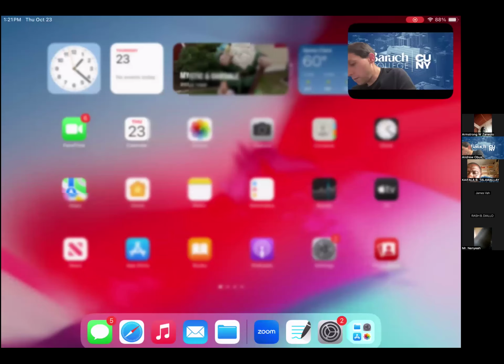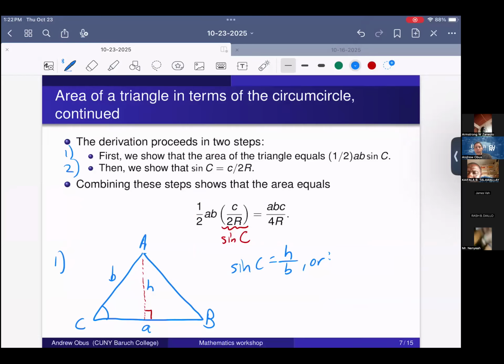Try that again. Okay. So sine of C is equal to H over B, or in other words, H is equal to B sine C. So this H, the height of this triangle, is equal to B sine C, and that means that the area is equal to 1/2 the base times the height.